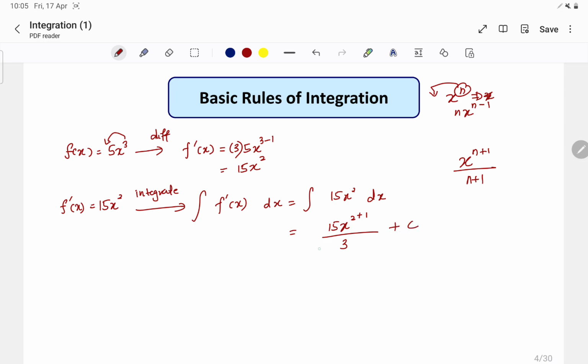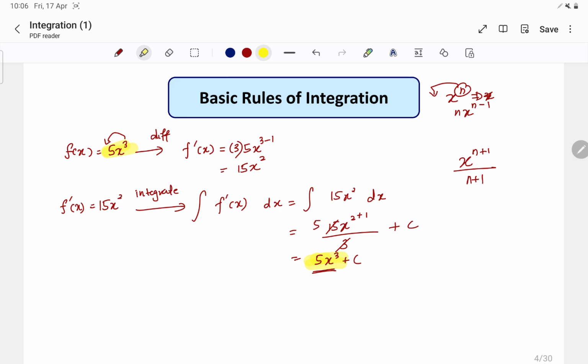If you cancel, you'll get, sorry, 5x to the power of 3 plus c, which is the same as our original function. That is why we say that integration is the reverse process of differentiation.